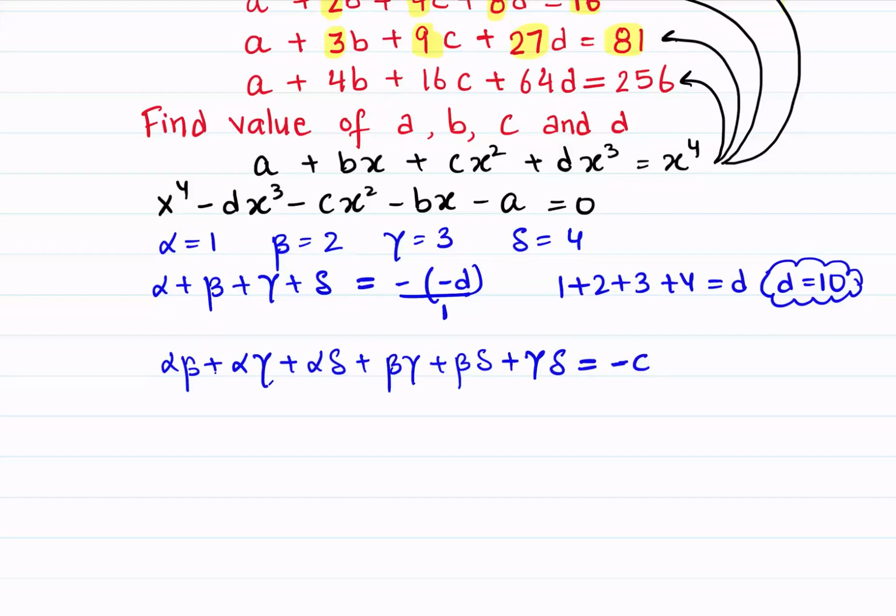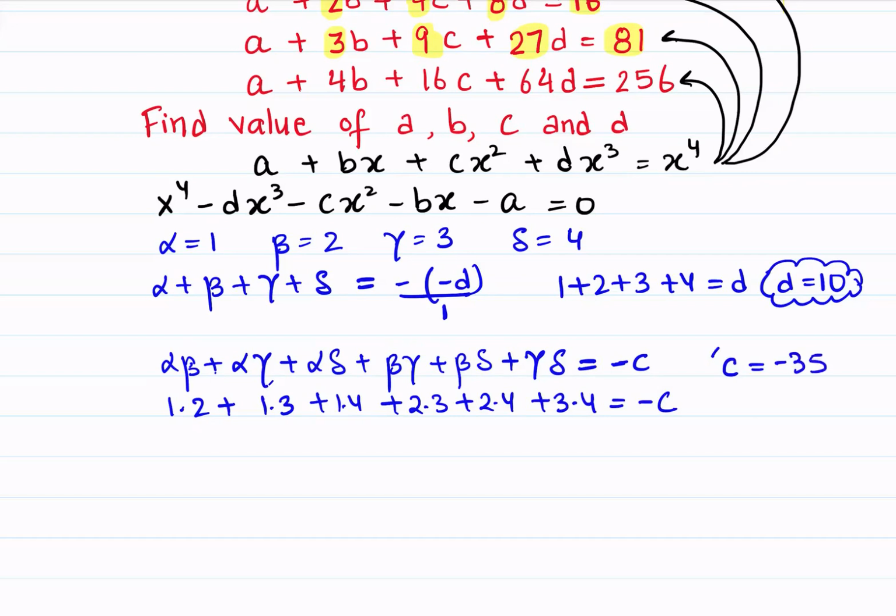So that's negative C. Putting the values of alpha, beta, gamma, delta, this is 1 times 2 plus 1 times 3, 1 times 4 plus 2 times 3, 2 times 4 plus 3 times 4. This is negative C. Solving it we get the second value, that is C is negative 35.